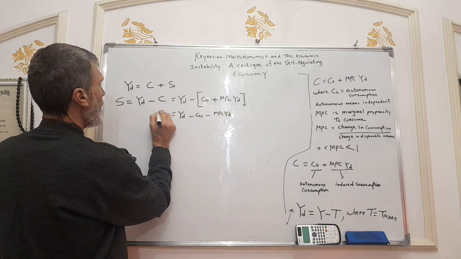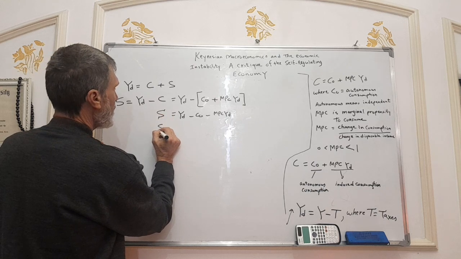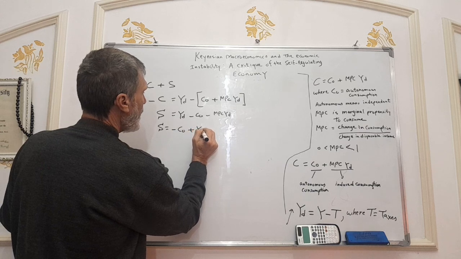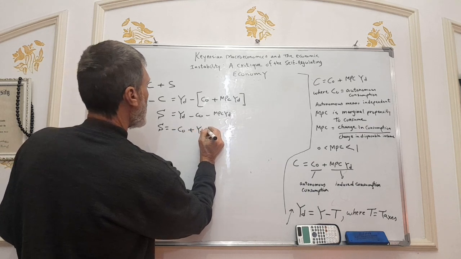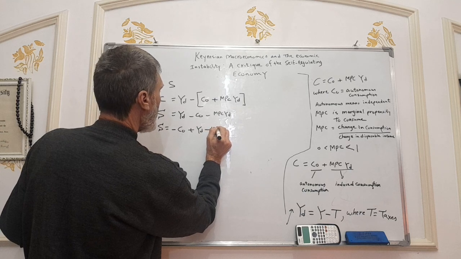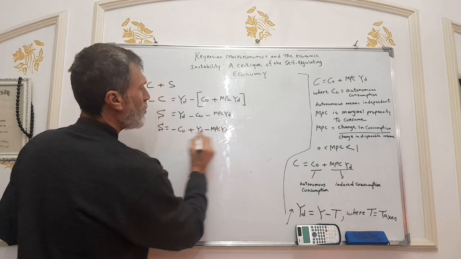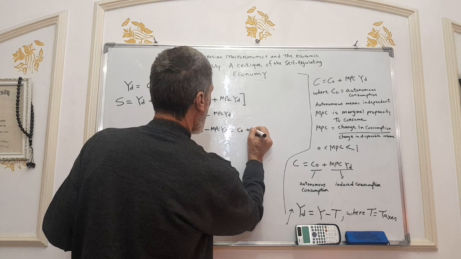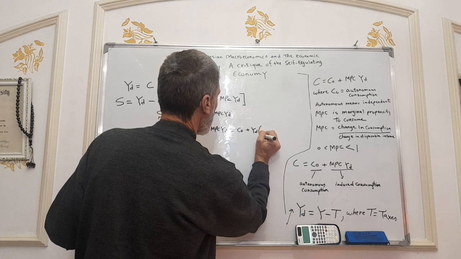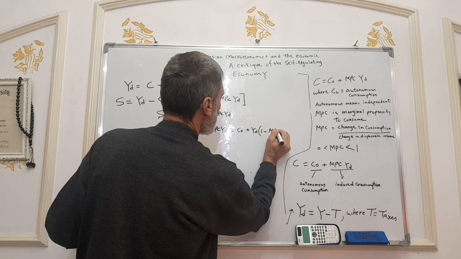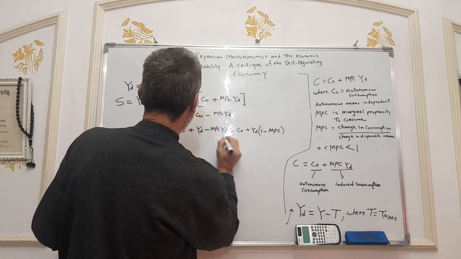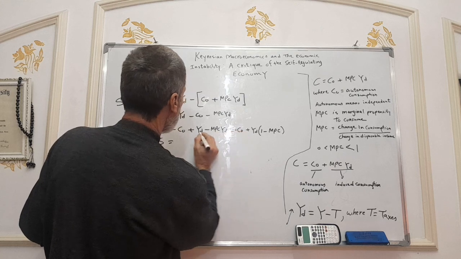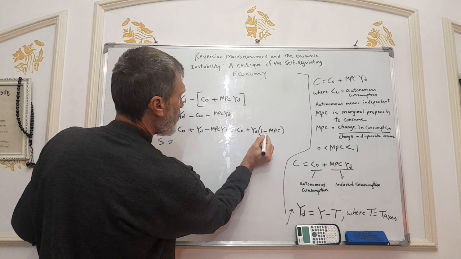So this is saving: minus C0 plus YD minus MPC YD, which is equal to minus C0 plus YD (1 minus MPC).